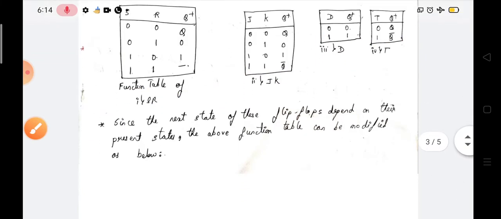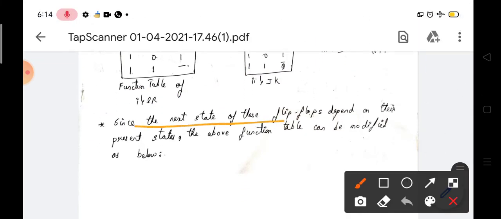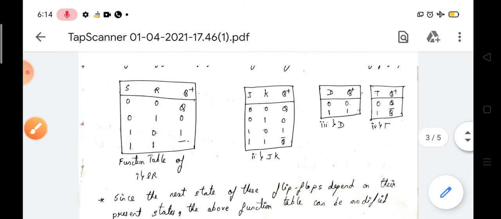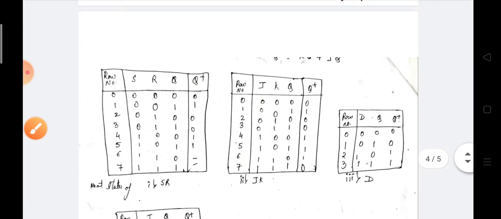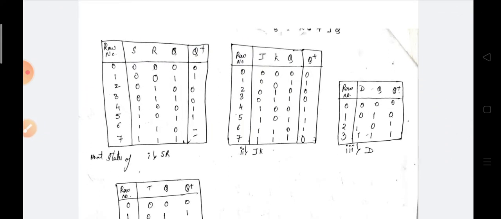Since the next state of these flip flops depends on their present states, this same function table we can modify like this. We know that for a 3 input gate I require 2 power 3, that is 8 cells. So I require 8 cells, which means columns 0 to 7.